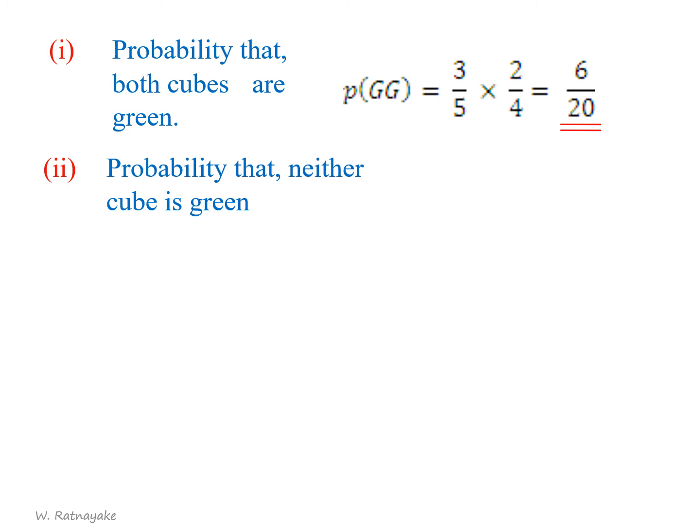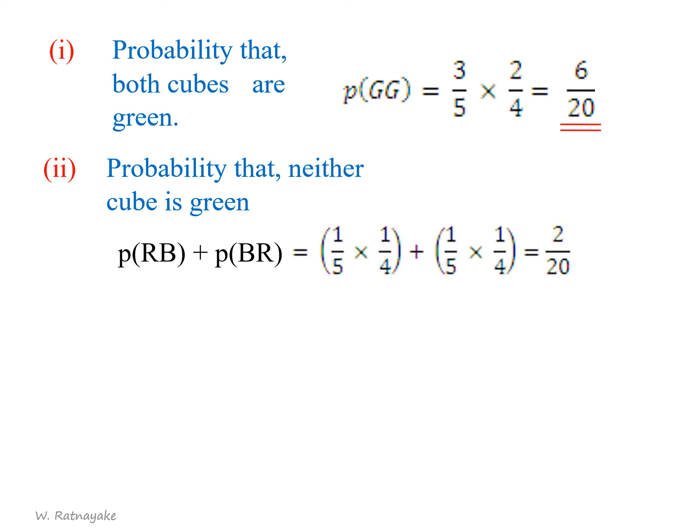In all the other events, the G is included. So we have to select events in which the green is excluded. So the probability of RB is 1/20. Probability of BR is again 1/20. So the total probability is 2/20.